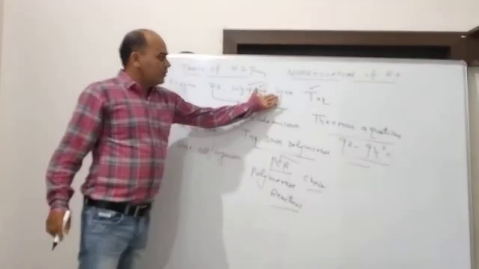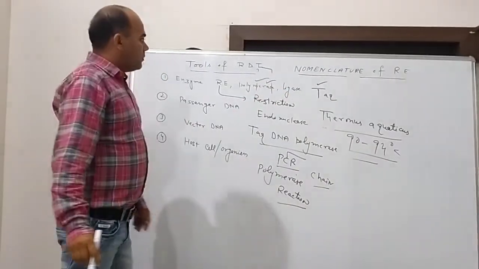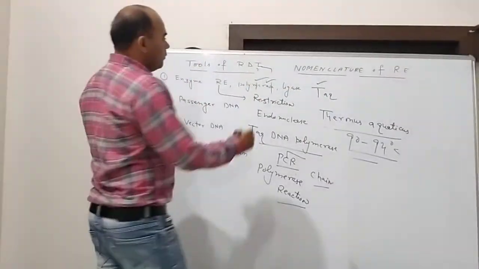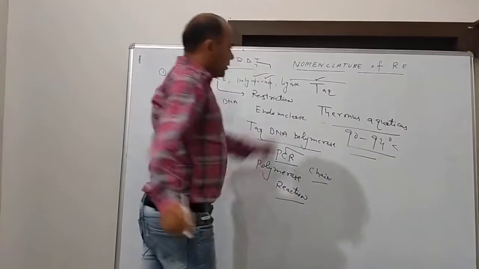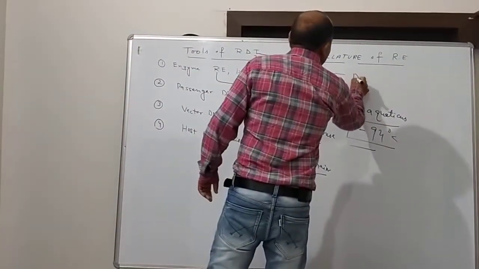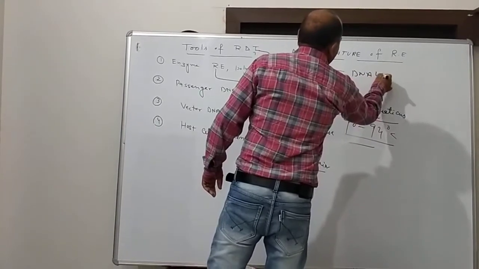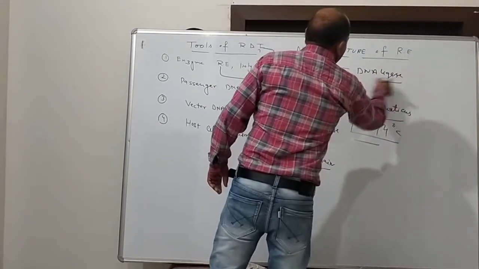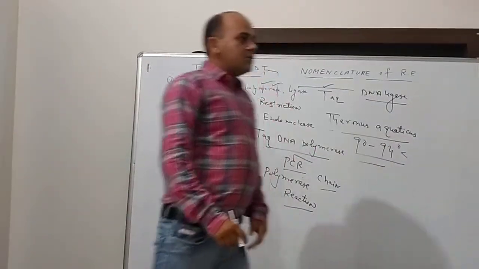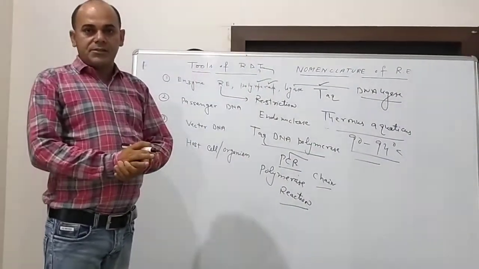Another enzyme which is used in R.D.T is called ligase. The complete name is DNA ligase. As the name indicates, the function of this enzyme is to link the DNA fragments.